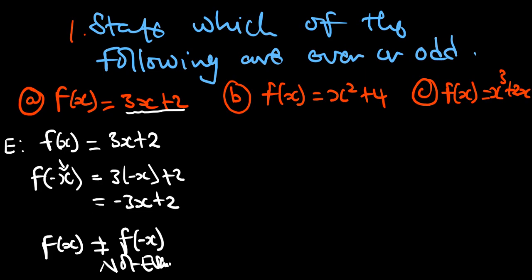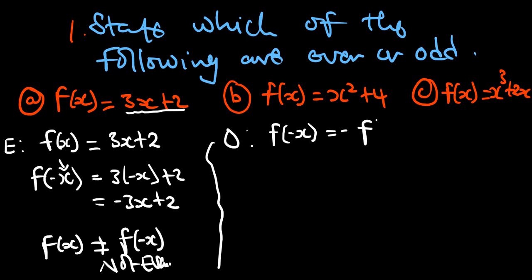Alright, and then from there, once you prove that it's not even, you try to check if the function is odd. So for odd, remember we must prove that f of minus x is equal to minus f of x. Okay, so we already have f of minus x, the one that we found here. So I'm going to write f of minus x here as minus 3x plus 2.